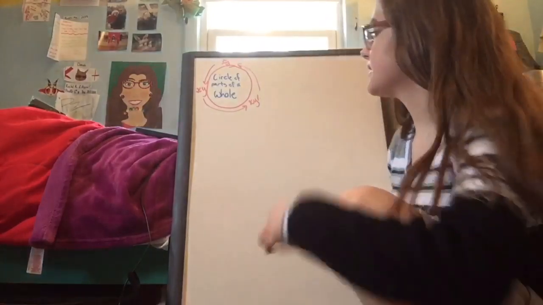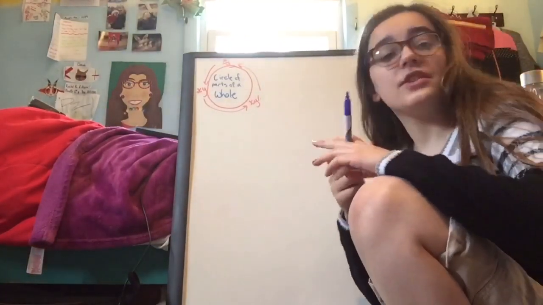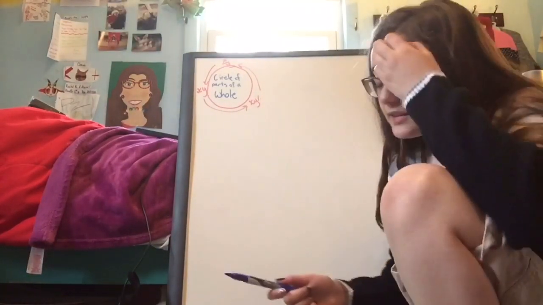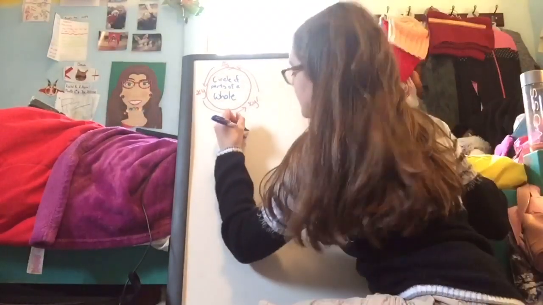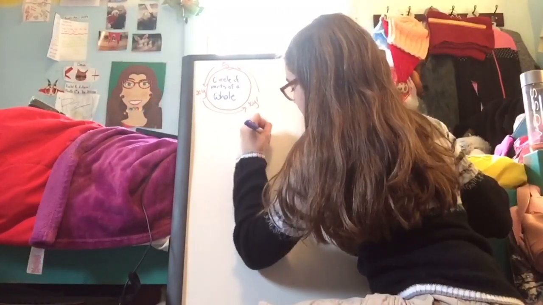First, we're going to practice how to turn a fraction into a decimal. The answer? Pretty simple. Divide the numerator by the denominator.